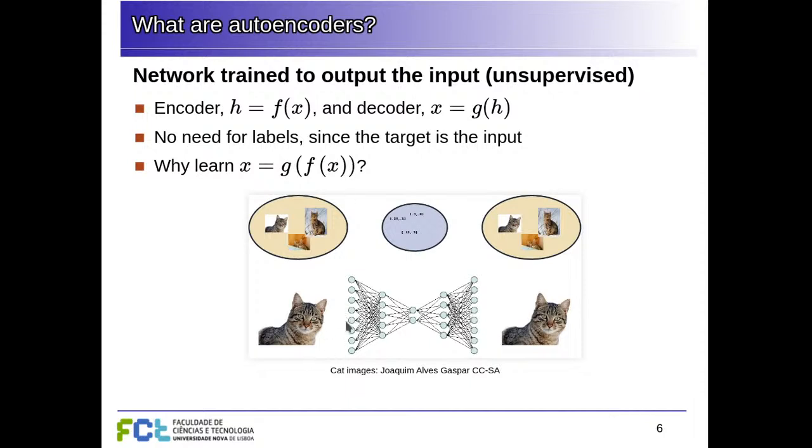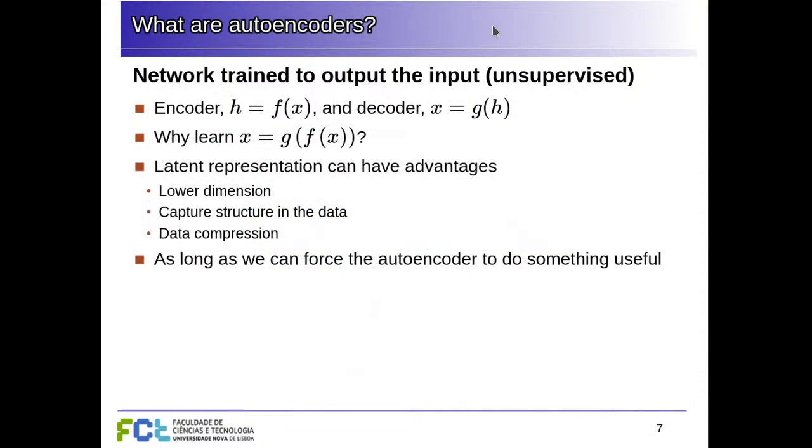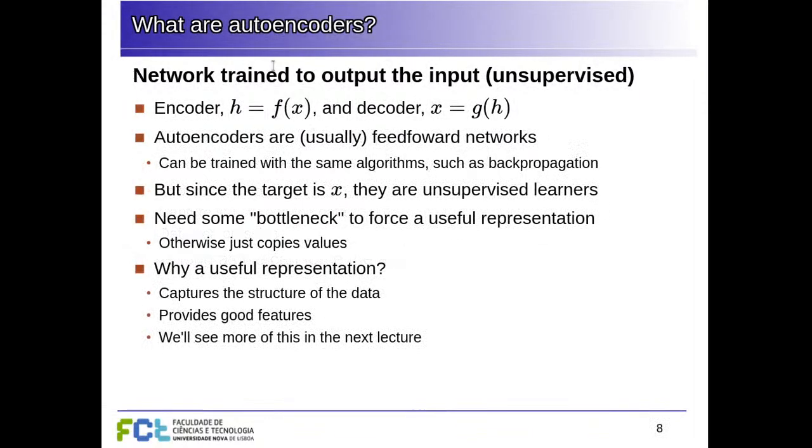If the network learned to copy the same values from one end to the other, it would solve this problem. But we can include some constraint that does not allow the network simply to copy the results. As long as we force the autoencoder to do something useful with the data, it can help us learn these representations, lowering dimensions, capturing important features, structuring the data, and so on.